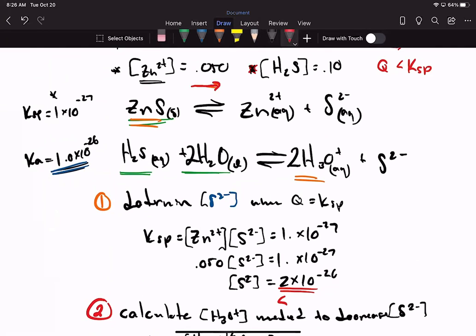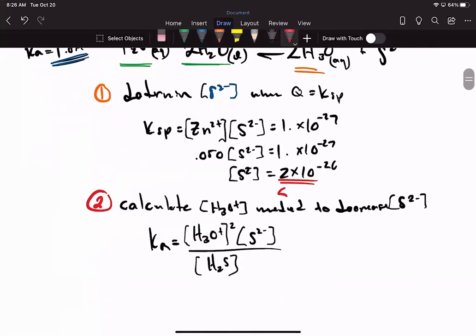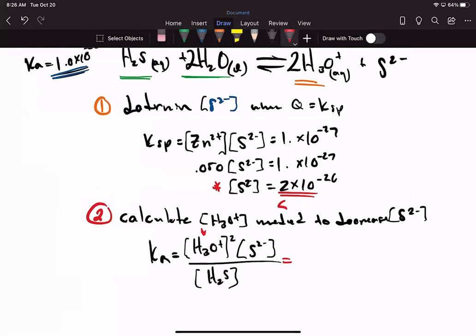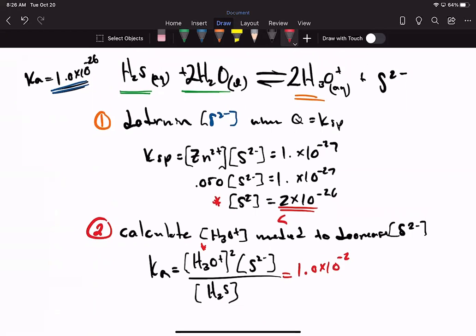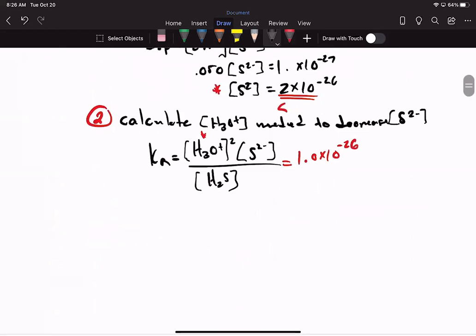We're given this concentration here, so we know the concentration of H2S is 0.10. We just calculated the concentration of sulfide here, so we can now calculate this concentration by putting all this information in. Our Ka was 1.0 times 10 to the minus 26. All right, so let's plug in all these values and see what we get for H3O plus.